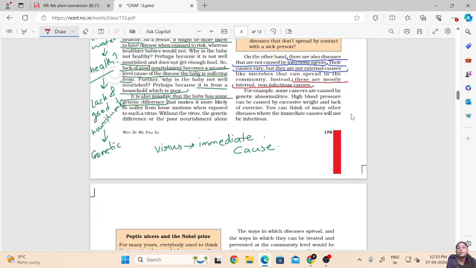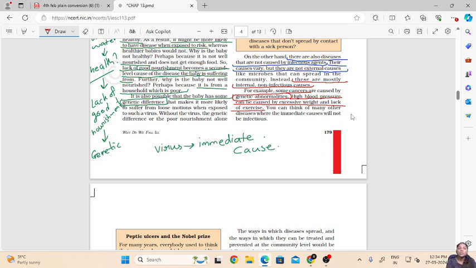So for example, some cancers are caused by genetic abnormalities. When there are some mistakes in the genetics of a person, they may have cancers. Then high blood pressure can be caused by excessive weight or lack of exercise. Now these are the causes of high blood pressure.